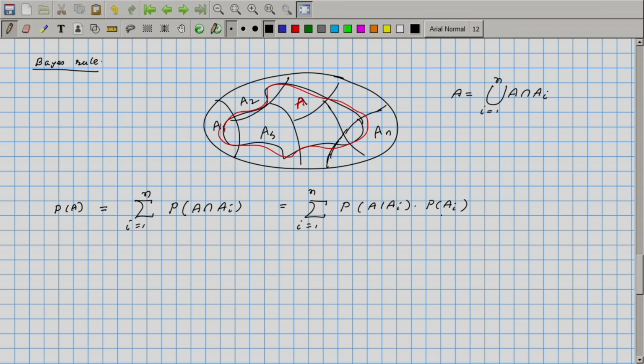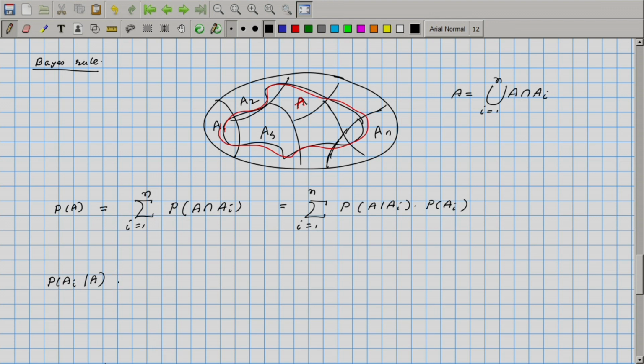Now, what Bayes' rule tells us is, suppose we are told that the event A has occurred. Okay. What is the probability that AI has occurred? So, we want to compute probability of AI given A. Okay.